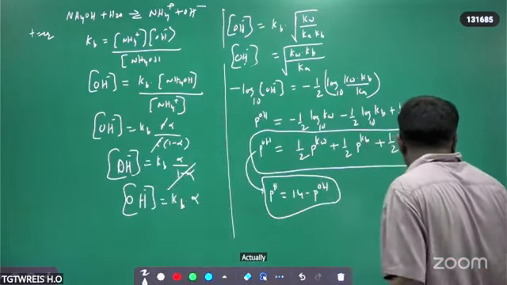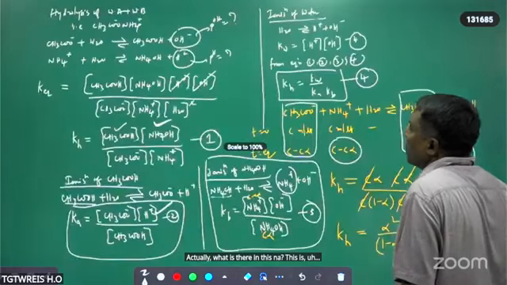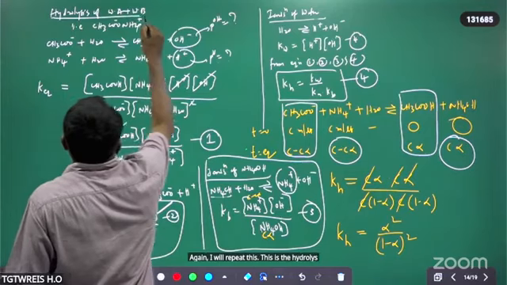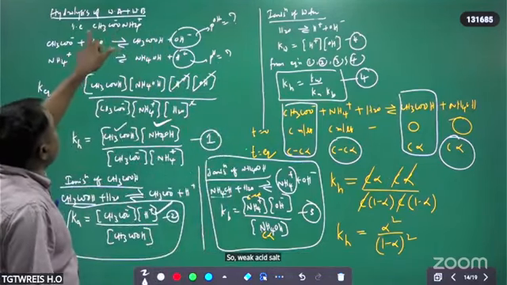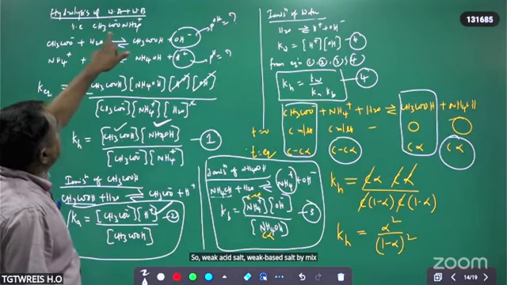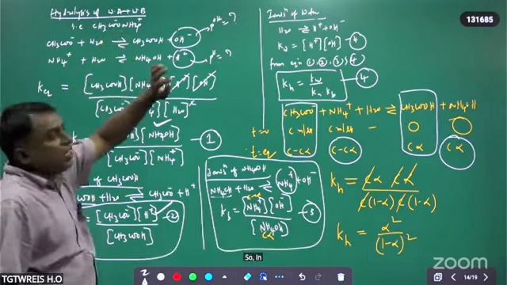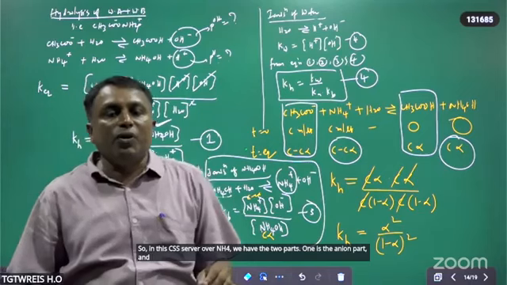Again, I will repeat this. This is the hydrolysis of a weak acid and weak base. So weak acid salt and weak base salt, by mixing, you will get CH3COONH4. In this CH3COONH4, we have two parts: one is the anion part and another is the cationic part.